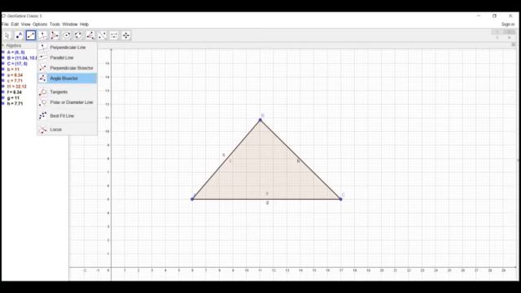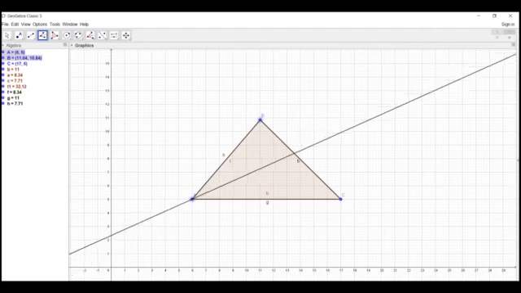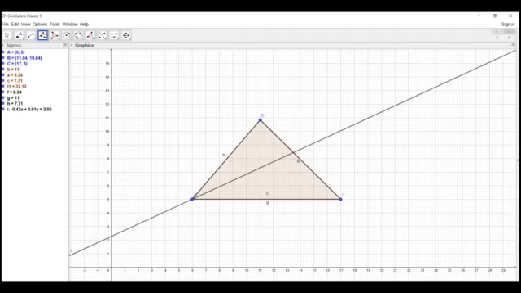First, we have to draw the angle bisector of angle A. So this is the angle bisector of angle A. So let us color it.